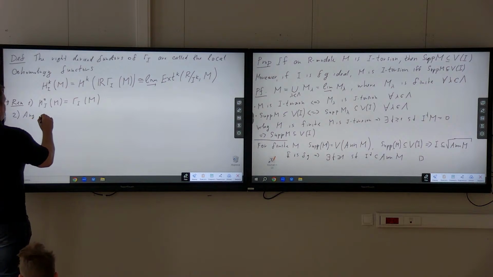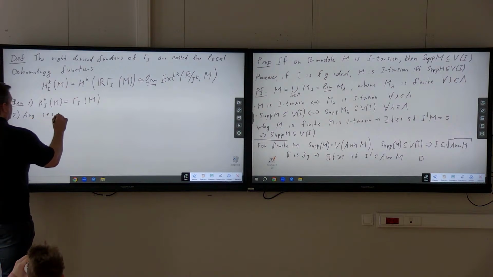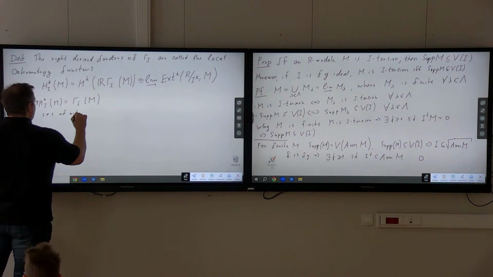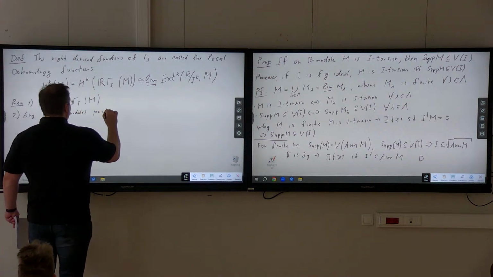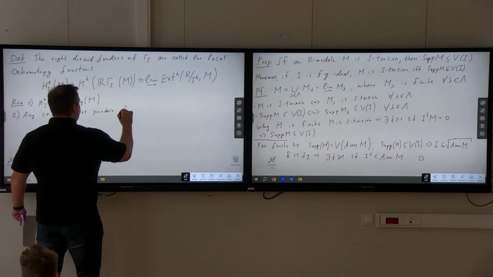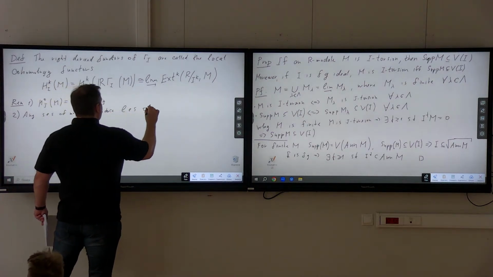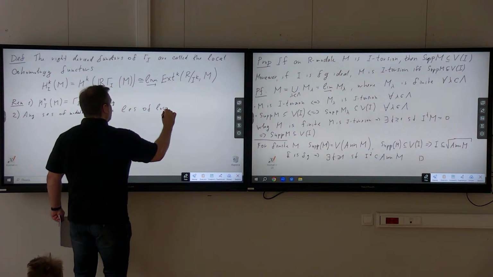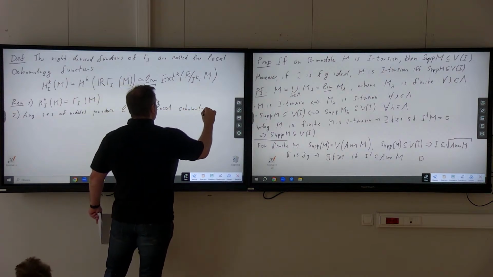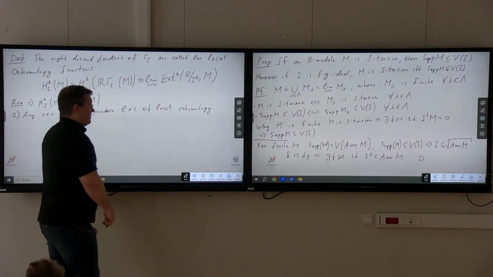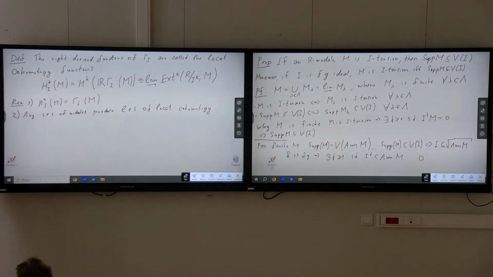Any short exact sequence of modules produces a long exact sequence of local cohomology, by the standard reasoning with the general property of derived functors.